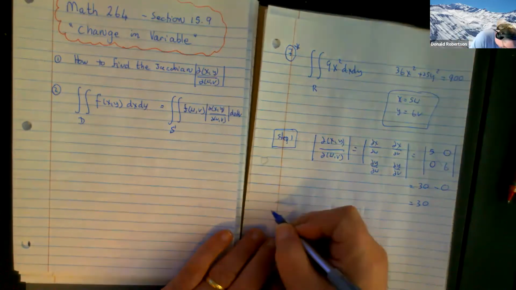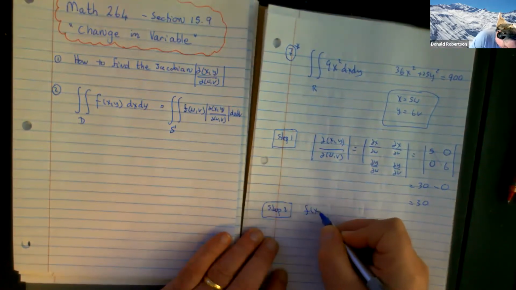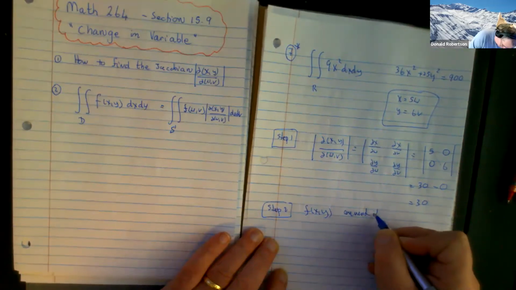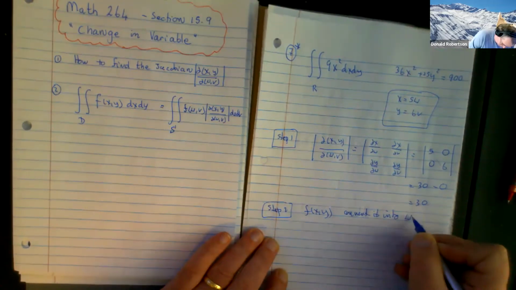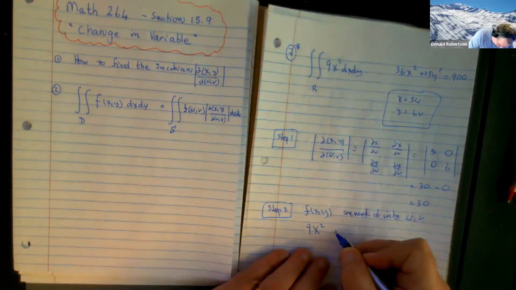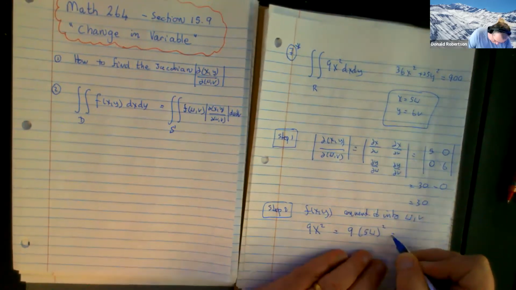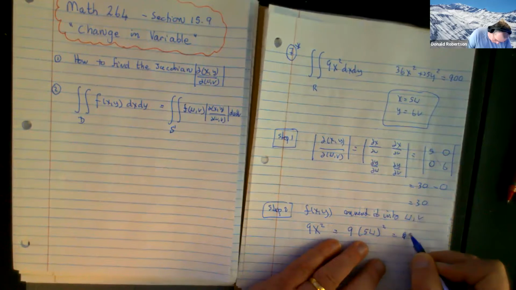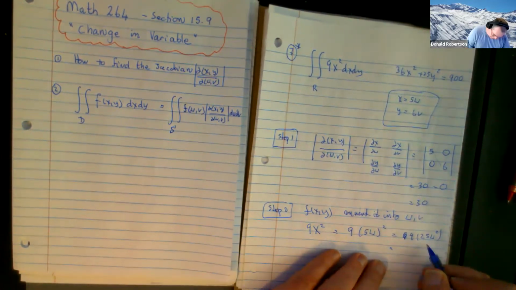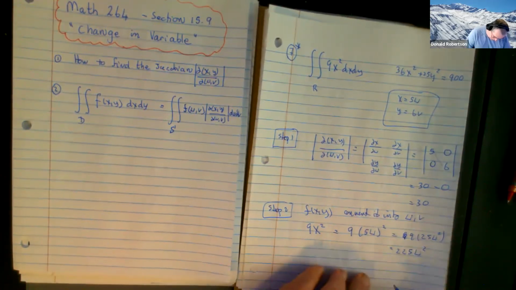Now, taking this nice and slow. Step 2 would be to take your function, whatever it happens to be, and convert it into the other variable. In this case, it's 9x squared. So that's going to be 9 times (5u) squared, which is what? 9 times 25u squared, which is 225u squared.